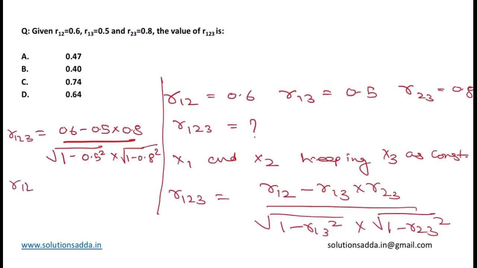So R123 will come to us as 0.6 minus 0.4, divided by 0.8660 into 0.60.